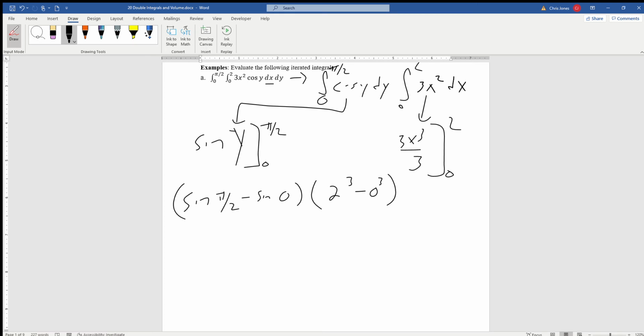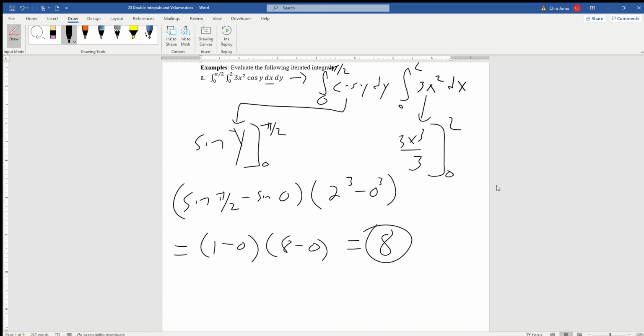Right? And this is going to work out to be 1 minus 0 times 8 minus 0, otherwise known as 8. All right, so a really basic example as to how to start to be able to evaluate these double integrals just to see the process.